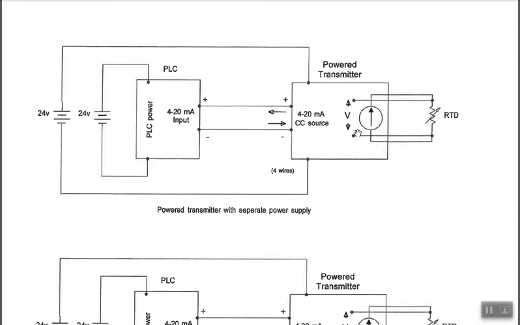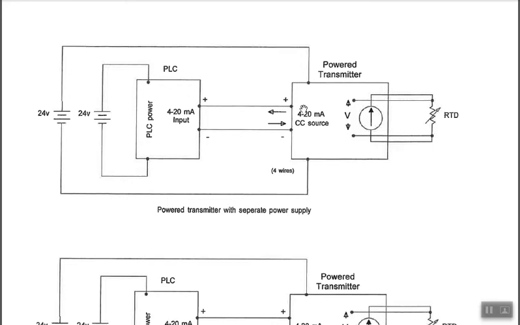It's going to take this voltage variation and create a 4 to 20 milliamp current, but it's going to create it as a current source. It's not going to create that 4 to 20 milliamp signal by regulation as something in series. It's going to create it as a constant current source.